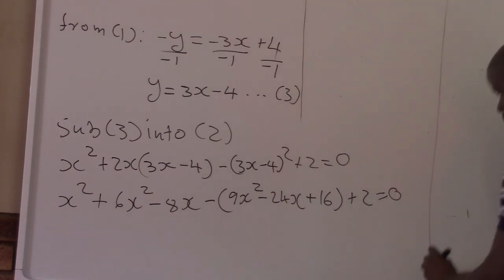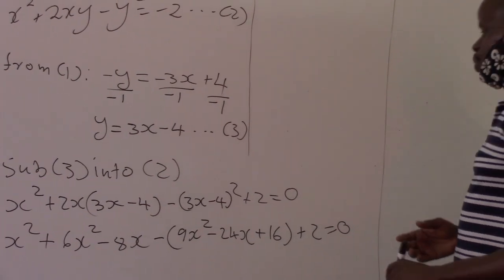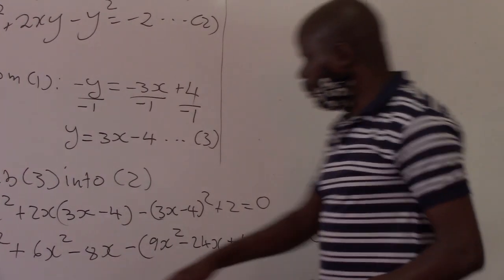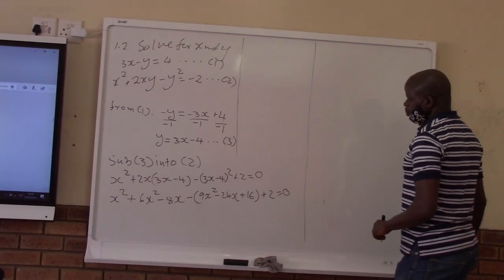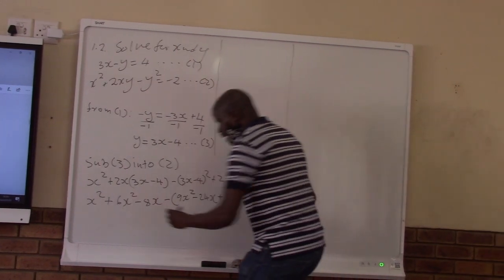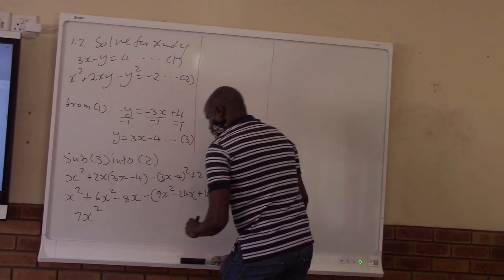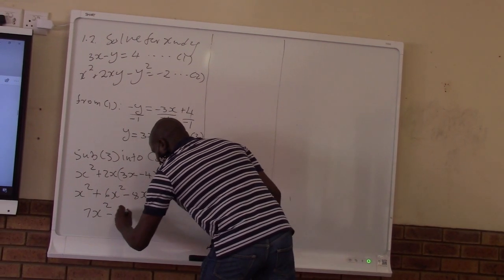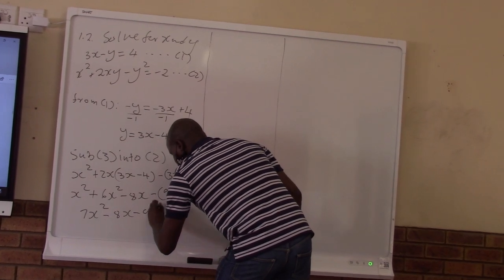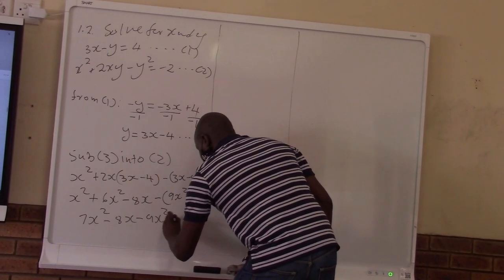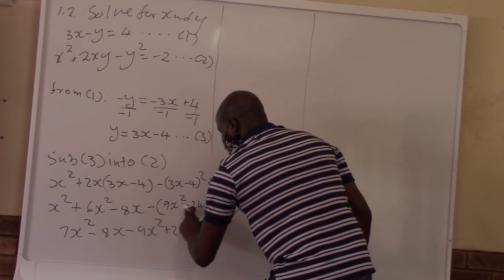Then we go on to simplify everything so that we have it in standard form. So we are having x squared plus 6x squared, which is 7x squared, and then we still have negative 8x. Then negative 9x squared, and then positive 24x, because that's negative times negative there.